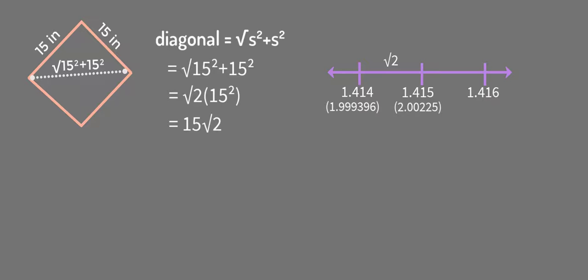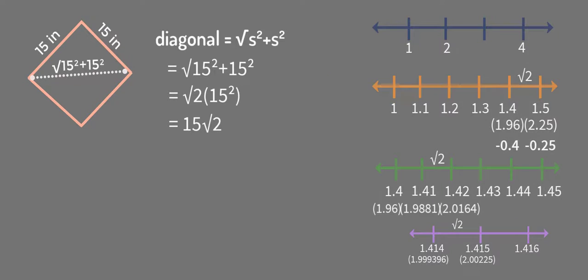Let's change colors here again, and I'll section this off. We started off with, we won't use the whole numbers, 1.4 and 1.5. So we know that 1.4 is less than the square root of 2, which is less than 1.5.